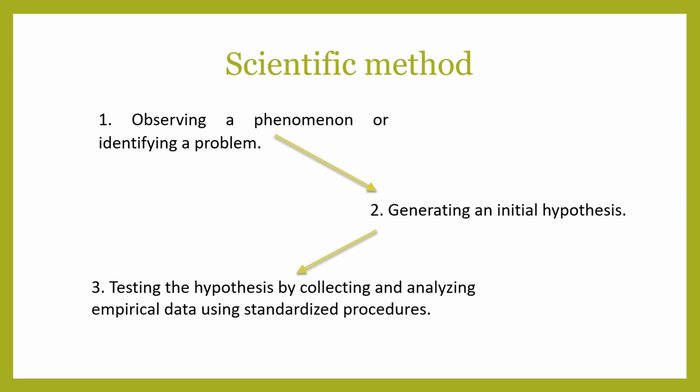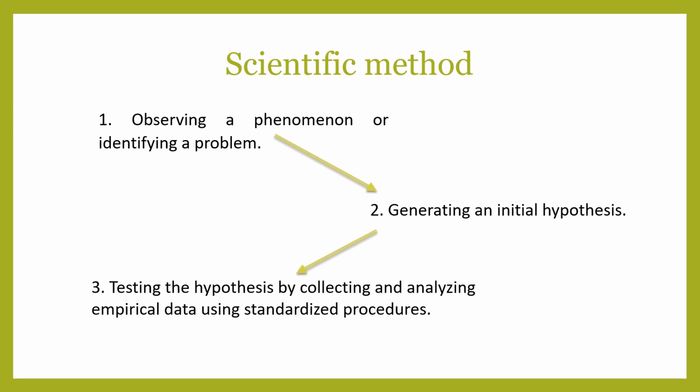The second step is generating an initial hypothesis. Now that we have the phenomenon or the problem of our interest, we have to create a hypothesis. And then is testing the hypothesis by collecting and analyzing empirical data using standardized procedures.